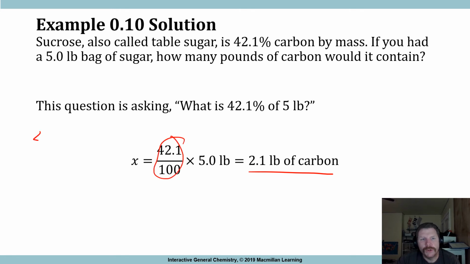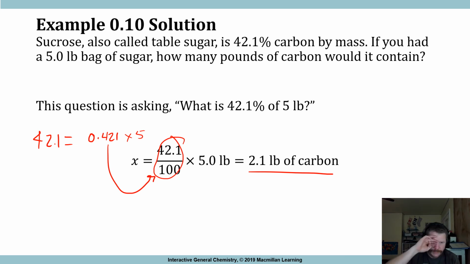Instead, just saying 42.1%, well, that is 0.421 whenever I'm using it in a calculation. So I would say 0.421 times 5. That's effectively the exact same thing as this, but I didn't have to write out that division. Not having to do that division step is going to be kind of advantageous to you.